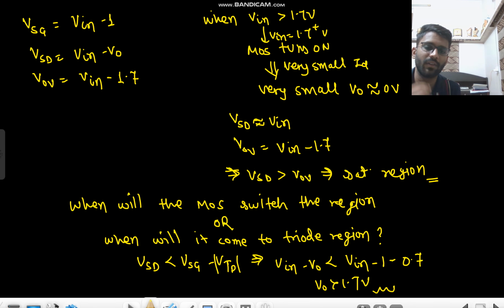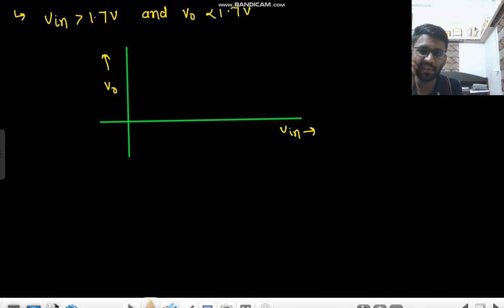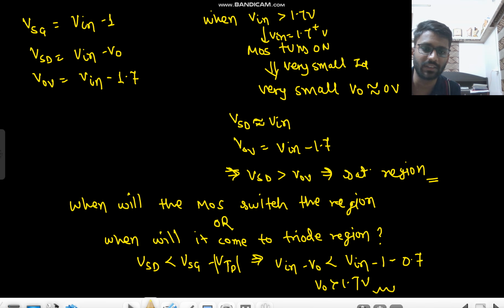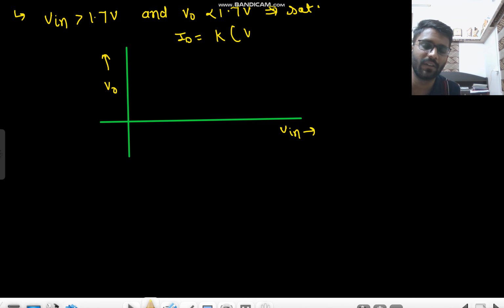Look, if your V in increases, this is in saturation region, and for saturation region we can write the current equation, some constant into V overdrive. V overdrive is V in minus 1.7 volt, so V in minus 1.7 whole square. So if V in increases, the current increases.